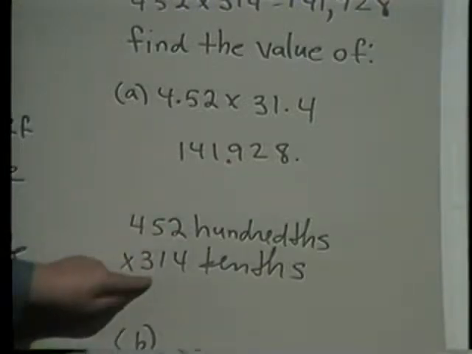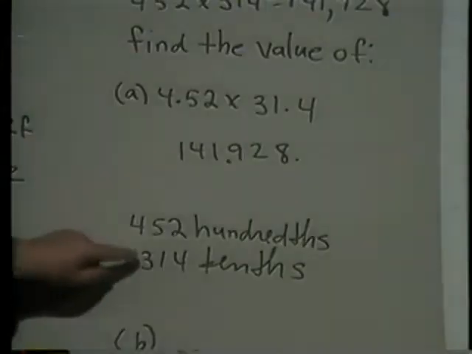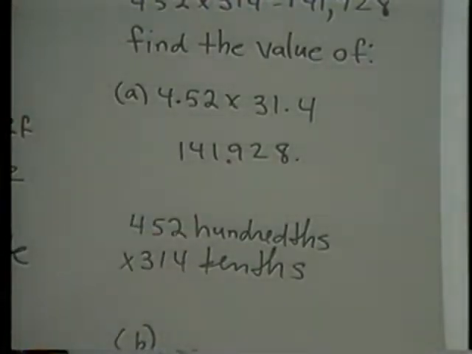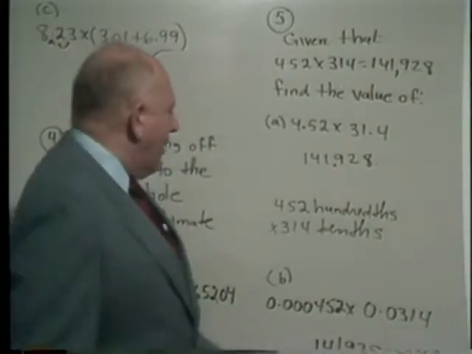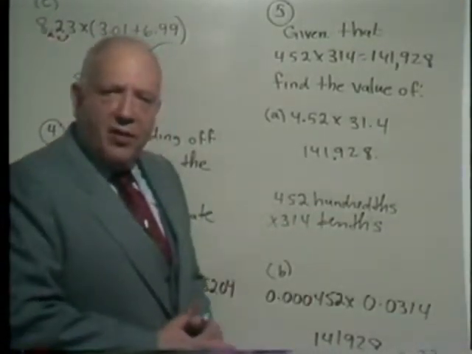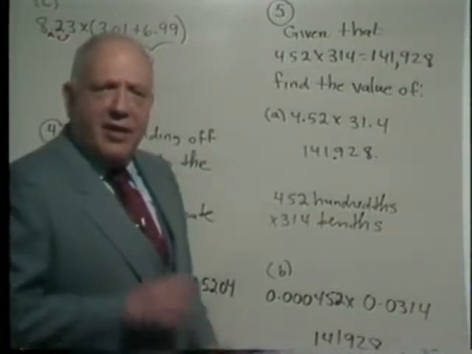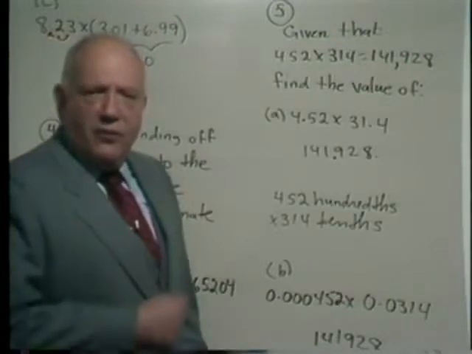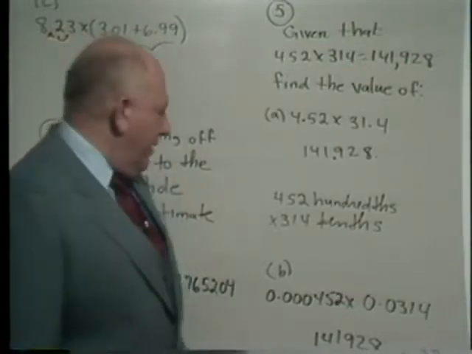We multiply the adjectives. That's where the 452 times 314 comes from. Then we multiply the denominations, hundredths times tenths. That gives me thousandths, and that's where I get the fact that I moved the decimal point 3 places to the left. To divide by 1,000, see, thousandths. I'm dividing by 1,000. Per 1,000, I move the decimal point 3 places to the left.